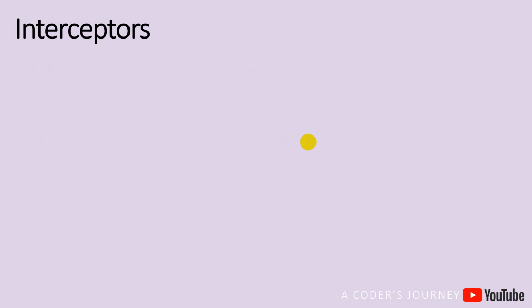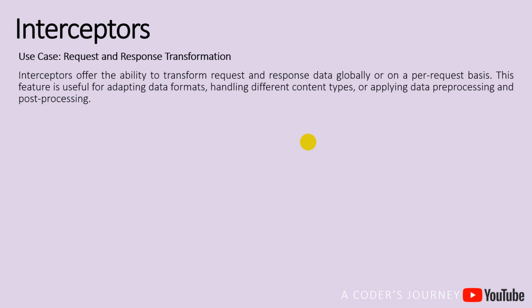Last but not least, interceptors offer the ability to transform requests and responses globally or on a per request basis. So this is called request transformation or response transformation. So basically what you are doing with interceptors in this context is that you are changing or transforming a request before it is being sent to a backend server and a response before it arrives at your application, both globally or on a per request basis.